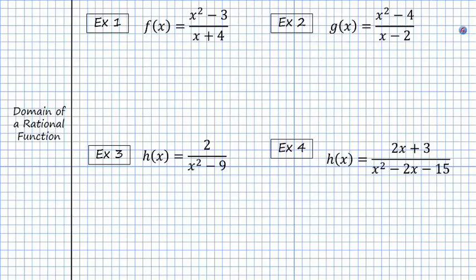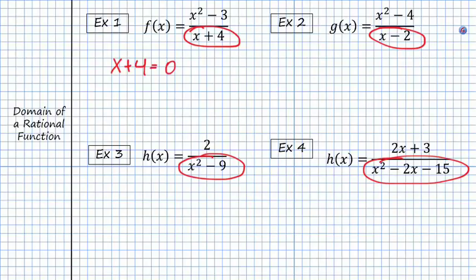Q(x) is the denominator in each case, so what we're focusing on is what will make the denominator equal to 0. For example 1, if we set x plus 4 equal to 0, then x is equal to negative 4 is the number that will make our function undefined.